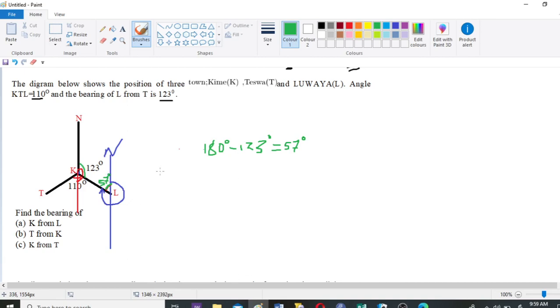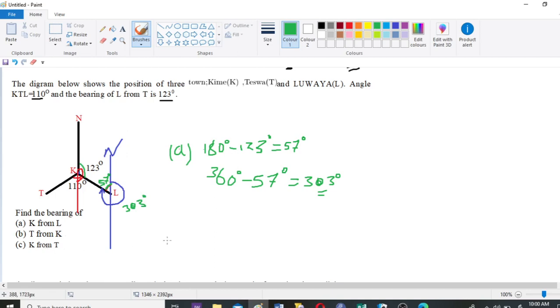So to find this bearing, which is our answer A, we say 360 degrees, the total, subtracting 57 degrees, and this gives us 303 degrees as the bearing that we are looking for.